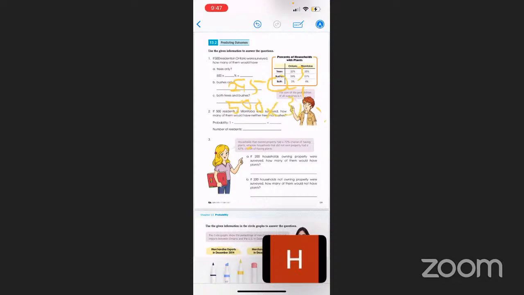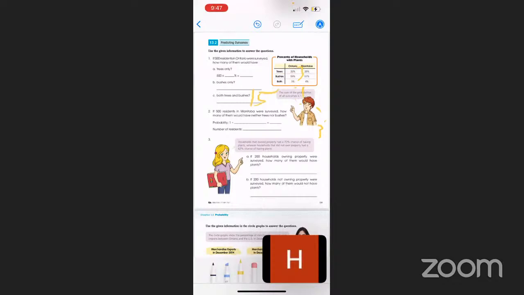So 3% is actually 0.03, right? In decimal, can you multiply that by 500 to find the total? That'd be 15. So 15 people have both trees and bushes.